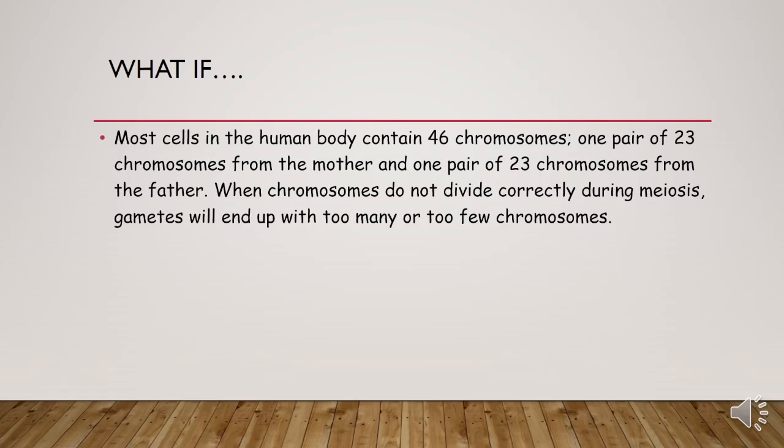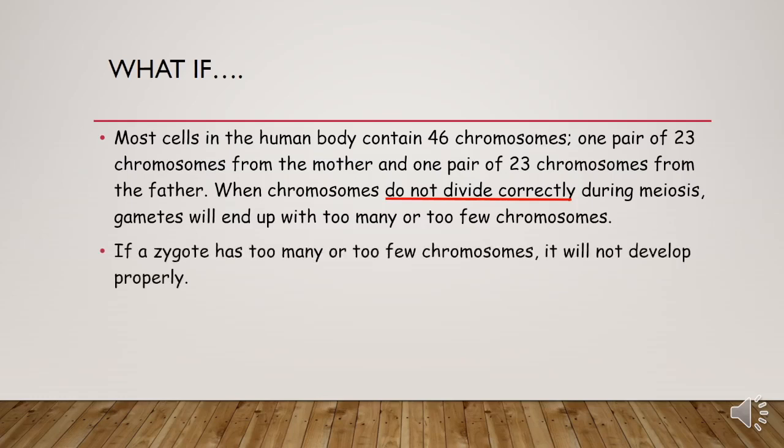When chromosomes do not divide correctly during meiosis, gametes will end up with too many or too few chromosomes. If a zygote has too many or too few chromosomes, it will not develop properly, and perhaps it will die.